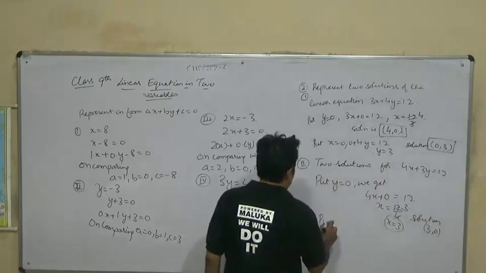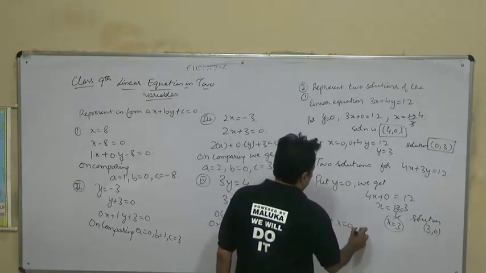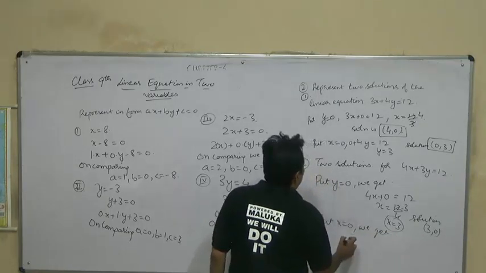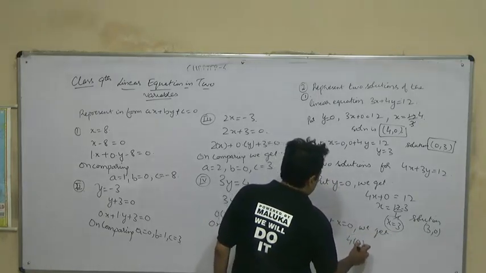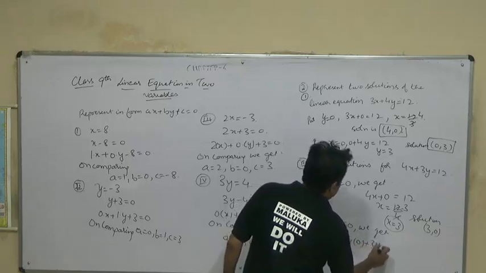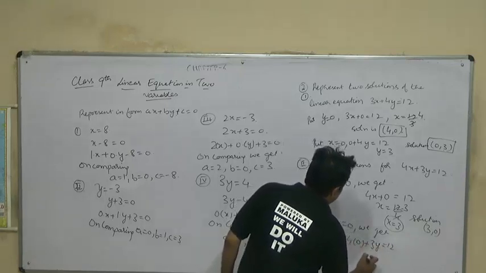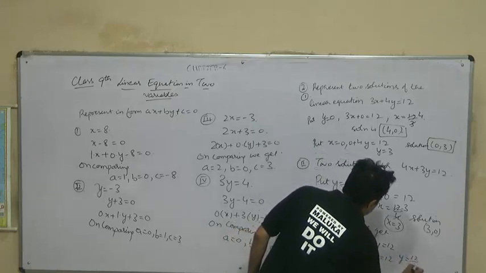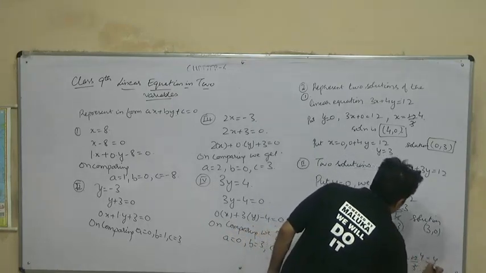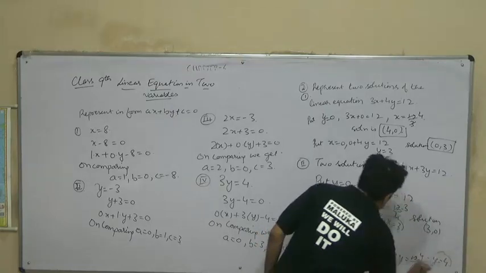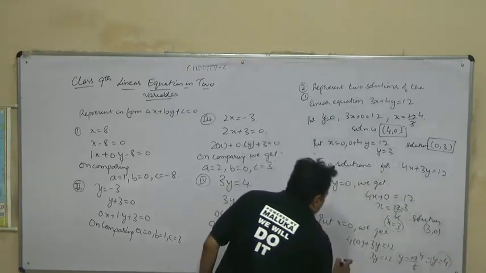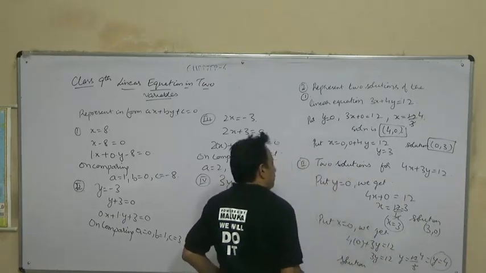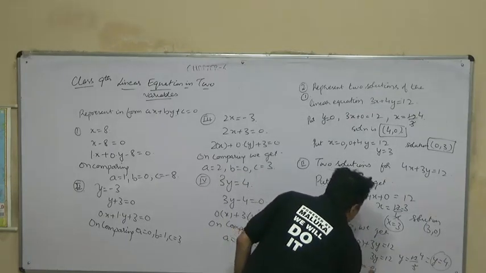And put x is equal to 0, what do we get here? 4 into 0 plus 3y is equal to 12. So 3y is equal to 12, y is equal to 12 by 3, it is 4. So the solution we can find here is 0 comma 4.